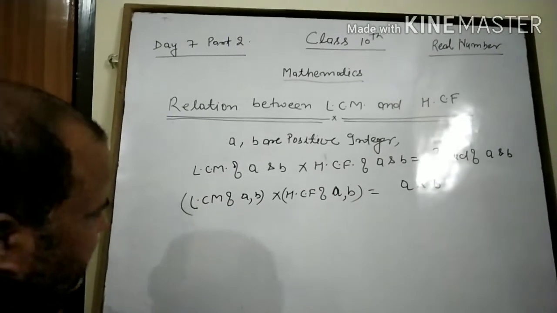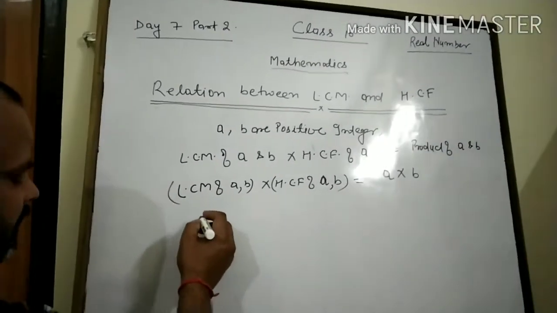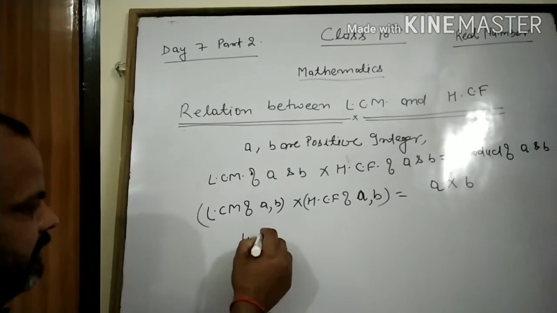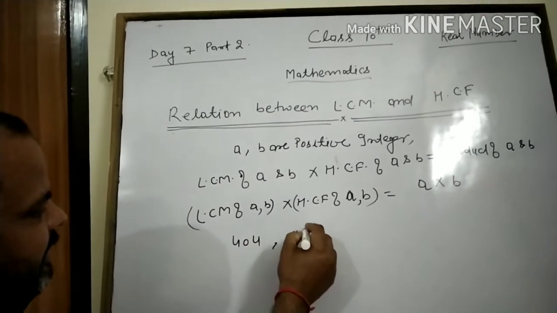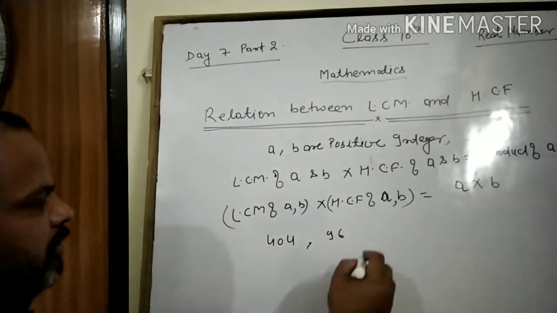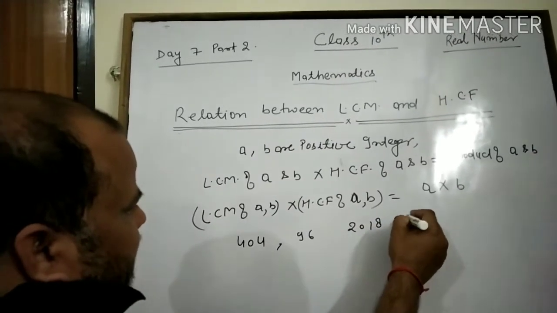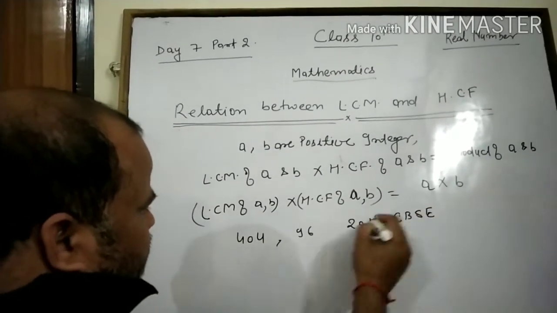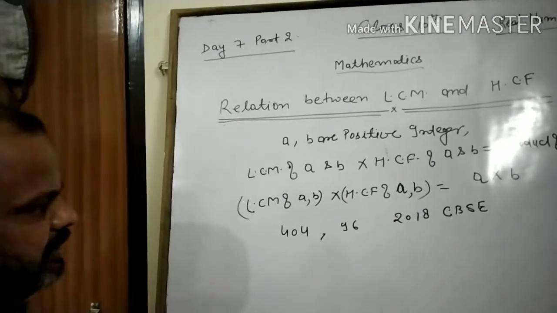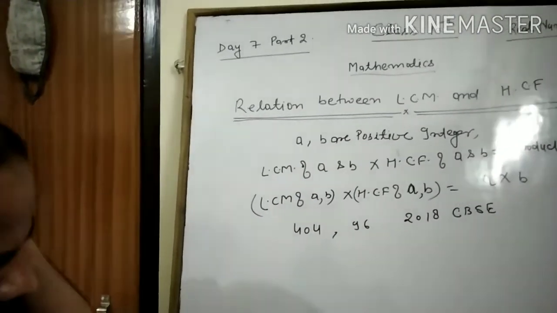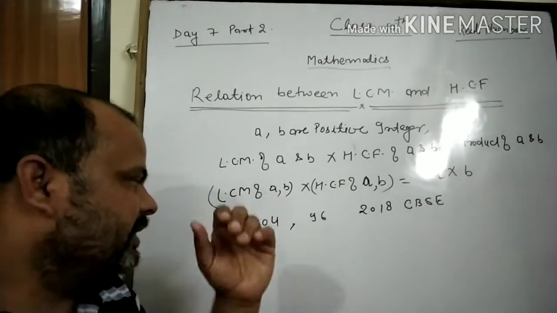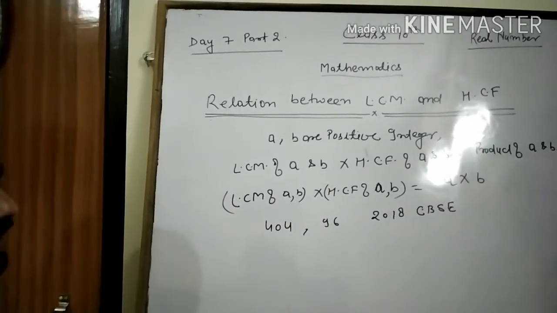Sometimes it is a question. Suppose a question is 404 and 96. It is a question from the 2018 CBSE exam. If this question comes for 3 marks, then what can you do?